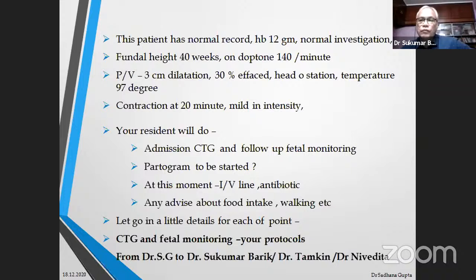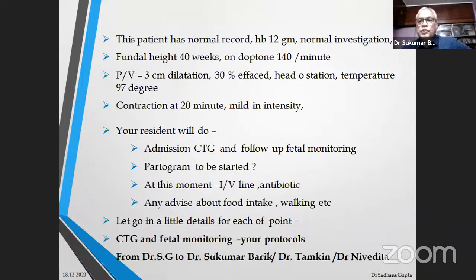It is yes for the high risk group, but not for the low risk group. But that can be followed particularly in high output settings. But in the majority of the private sector, where the output is a little low, I think the majority of people will advise admission CTG for about 20 to 30 minutes. And if it is normal, that should be all right.